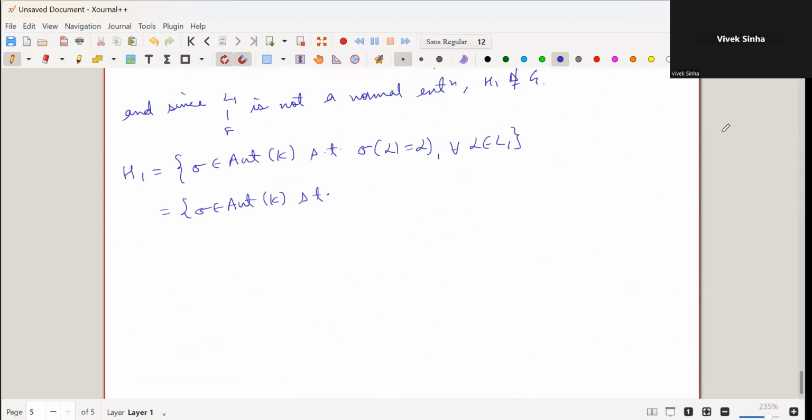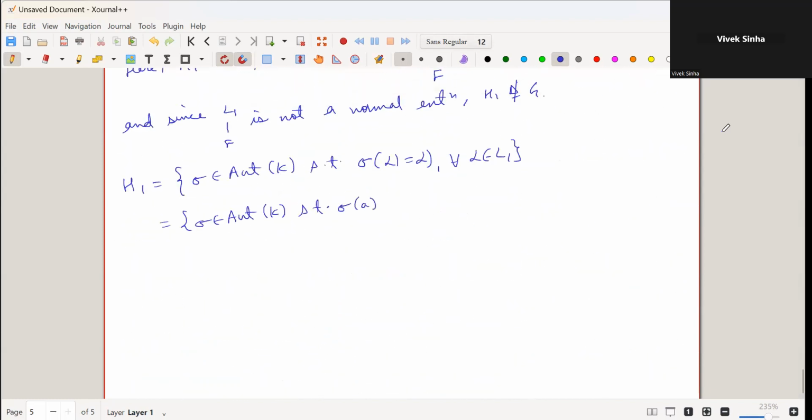So this is nothing but sigma of a equal to a for all a belongs to Q, and sigma of fourth root of 2 is fourth root of 2. That is what L1 is. It's just generated by Q and fourth root of 2. So fixing L1 means fixing these elements.